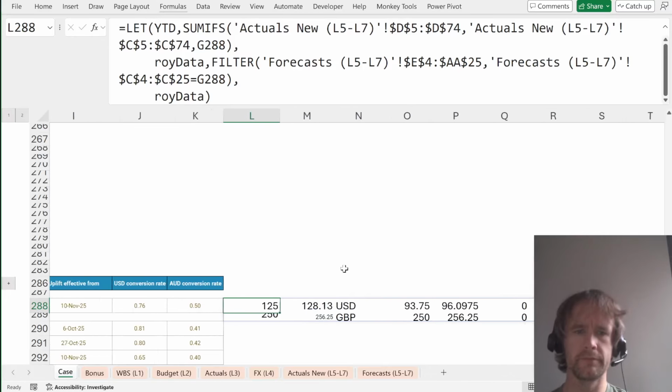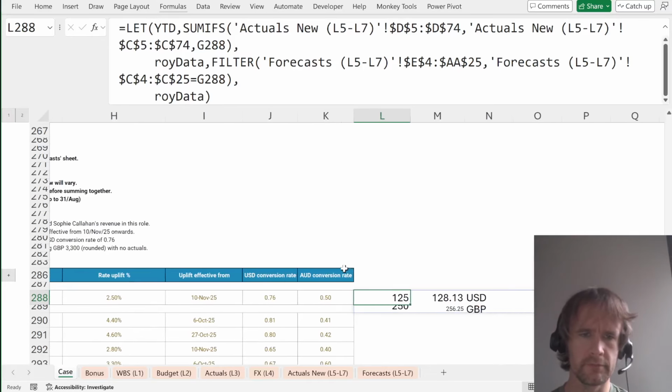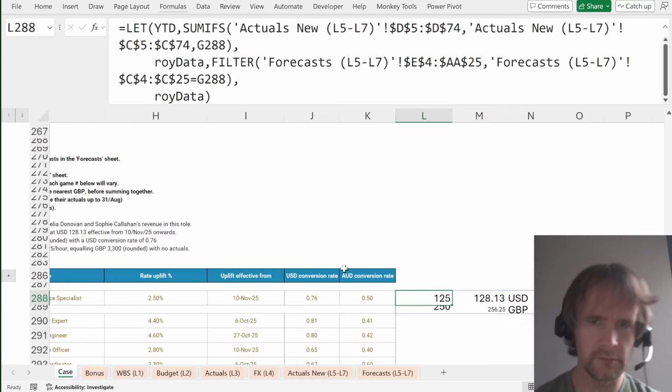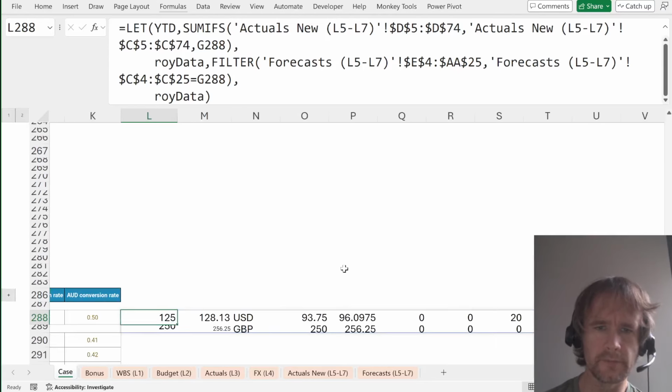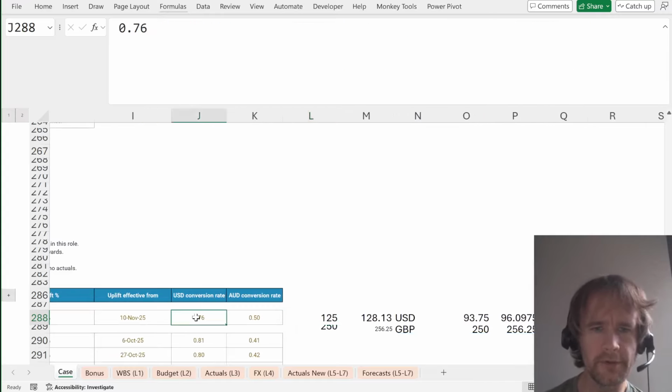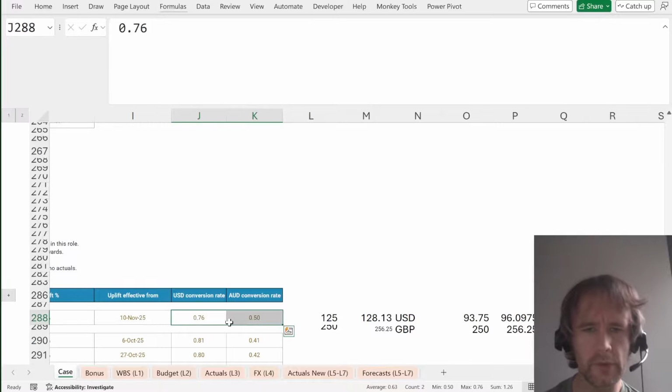Yeah, but it only has different rates also. My God.